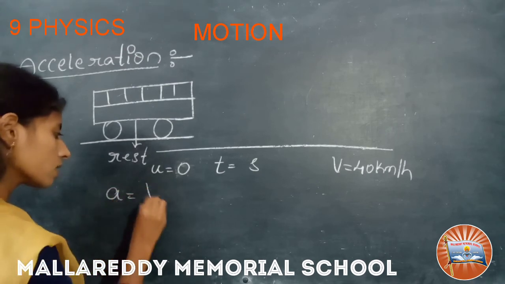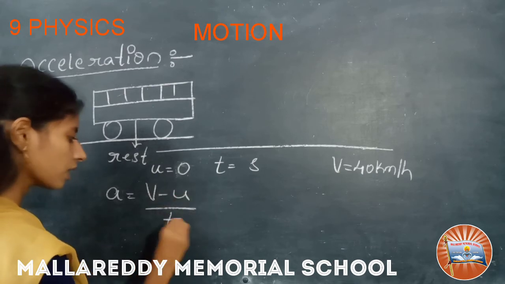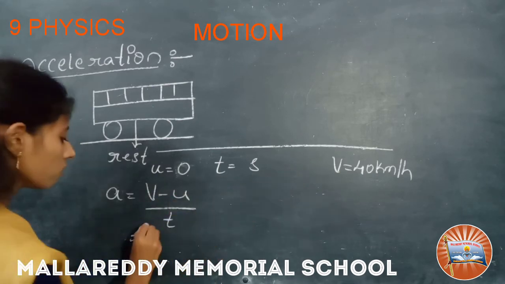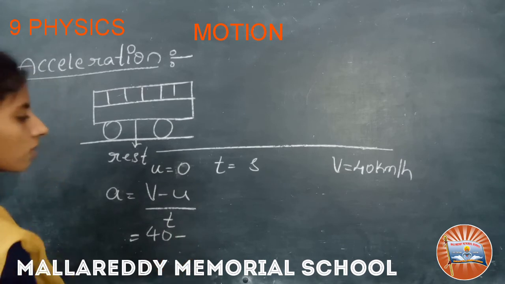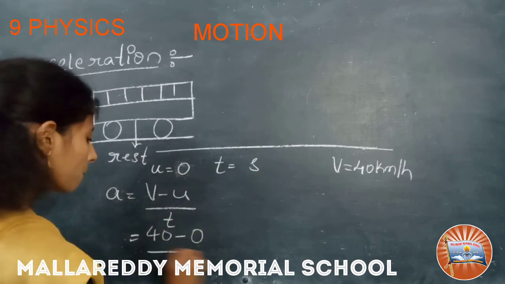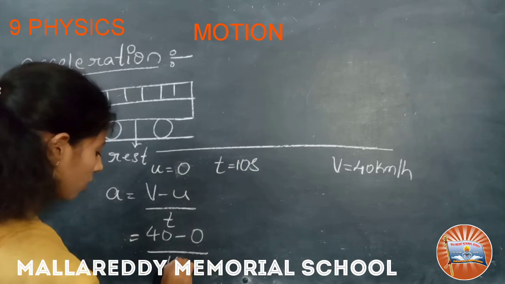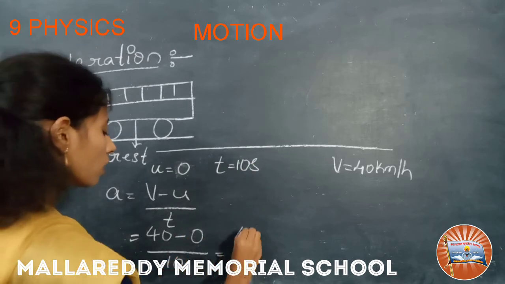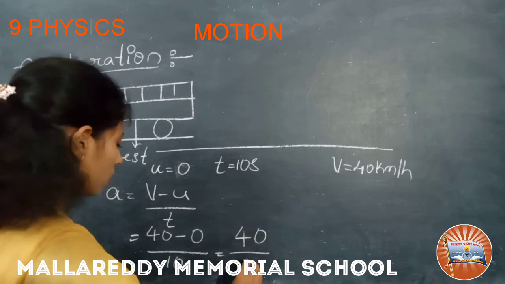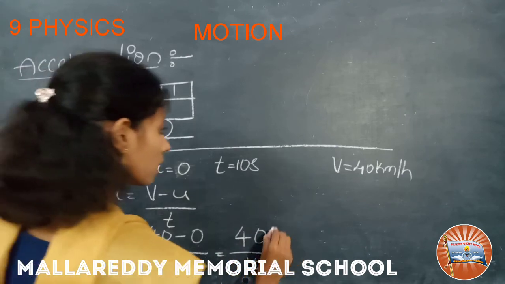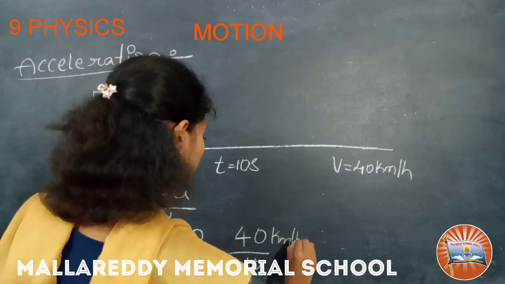We know a is equal to v minus u by t. So what is the v value here? 40. And what is the u value? It is 0, by 10 seconds. Here the time is 10. So here we got 40 by 10. This is kilometer per hour.